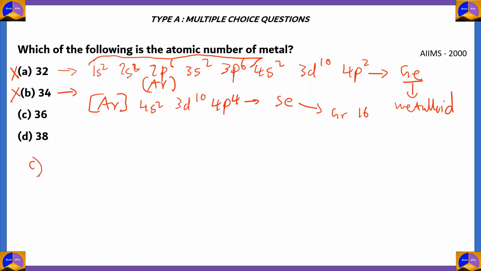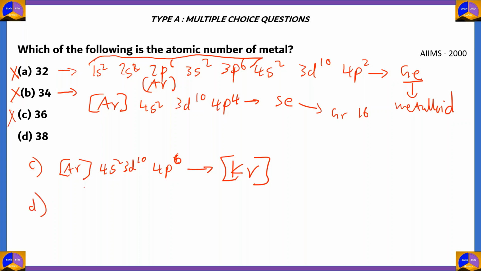What about option C, 36? Again, we'll start off with argon in order to simplify, and then we have 4s2, 3d10, 4p6, and that completes our configuration. Now this is present for the noble gas krypton. So a noble gas is not a metal, so option C is incorrect.